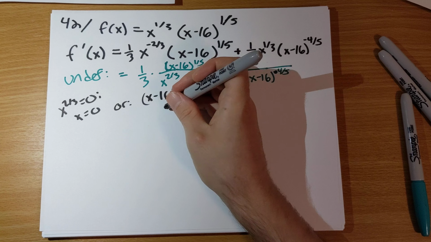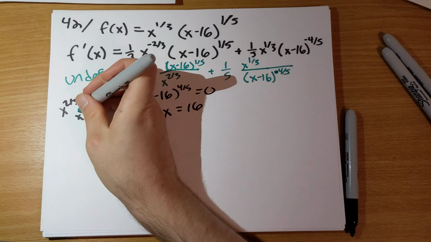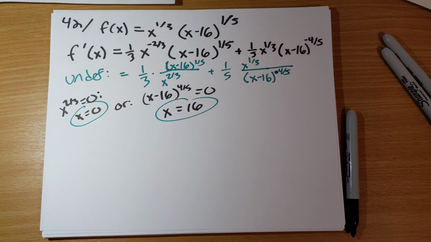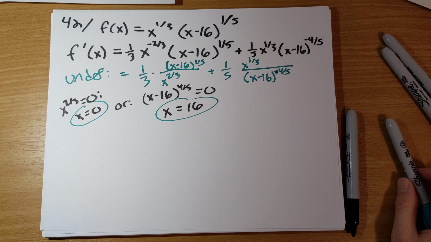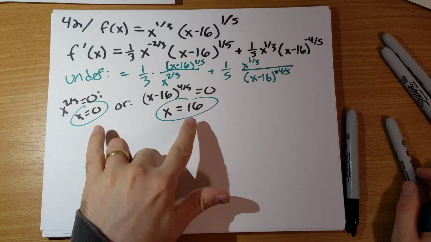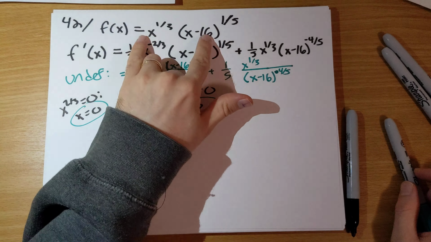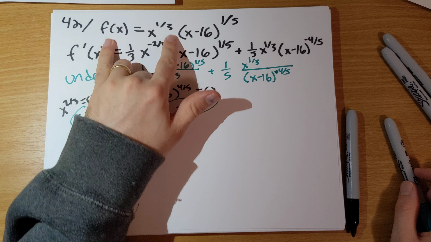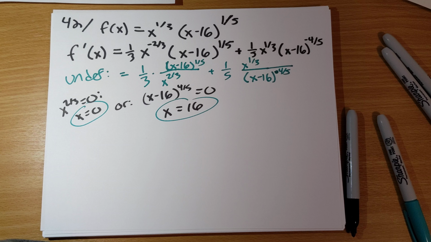And that gives us trouble when x is equal to 16. So thinking about when our derivative is undefined gives us two critical points, two critical numbers. Let me just point out here that these are in the domain of the original function. The domain is all real numbers. Okay, so that's a couple cases down.